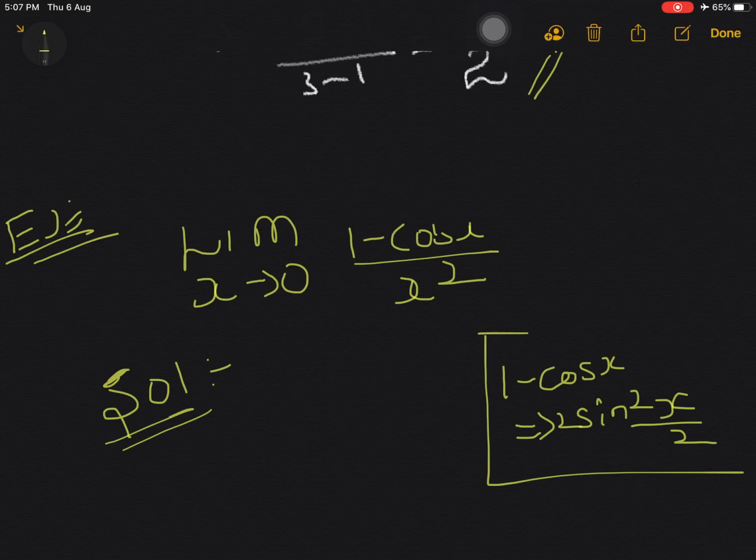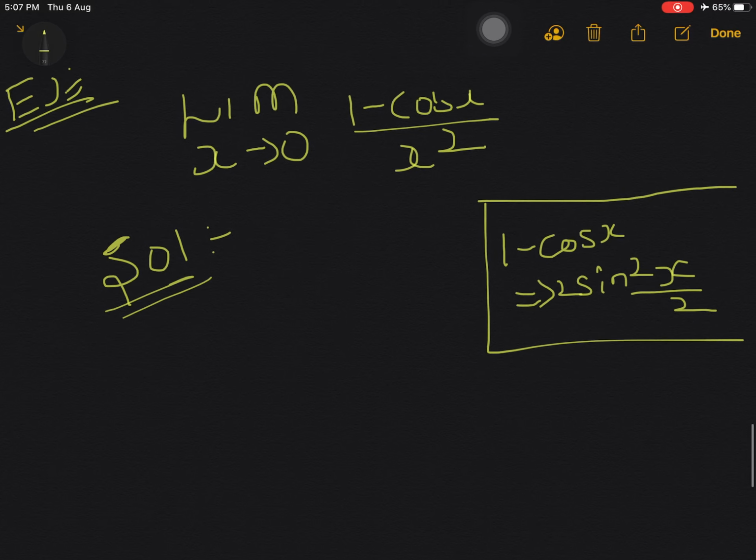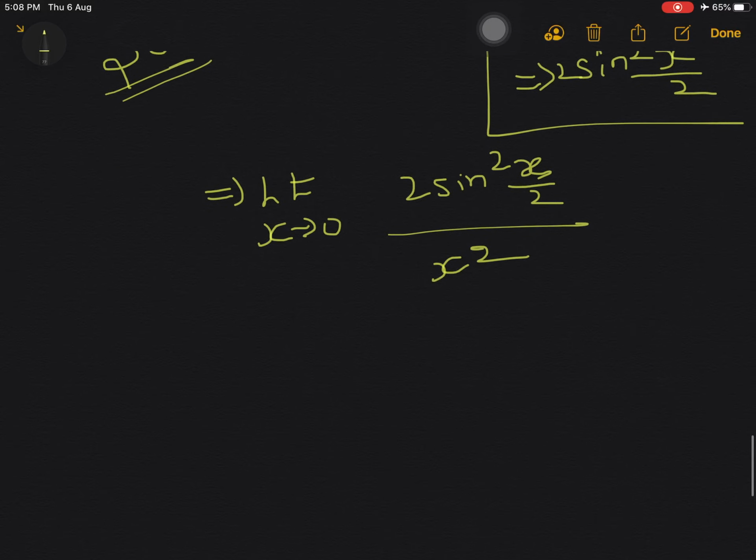If we know the conversion formulas, we can do trigonometric limits easily. So simplifying, limit x tending to 0, 2 sine square x by 2 divided by x square.